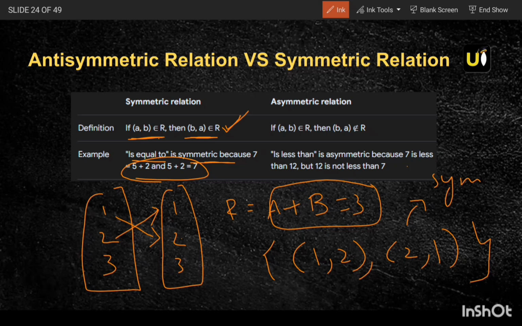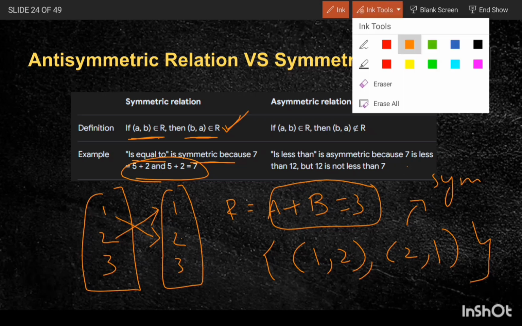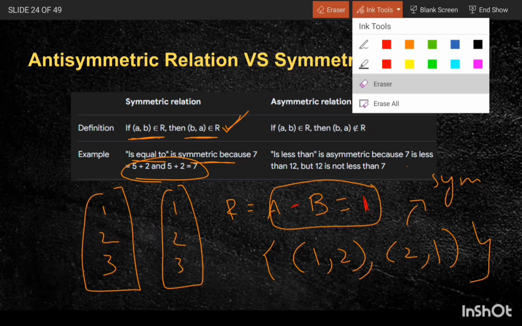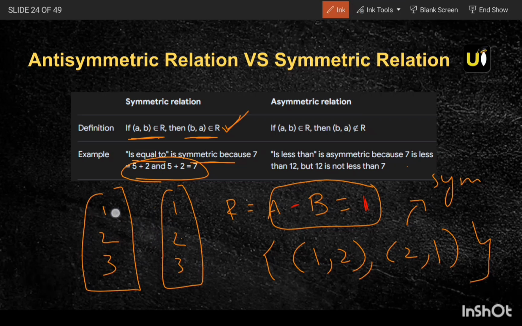For example, if we have the condition as A minus B is equal to 1, then we have, let us use another ink, 2 will map to 1, 3 will map to 2.